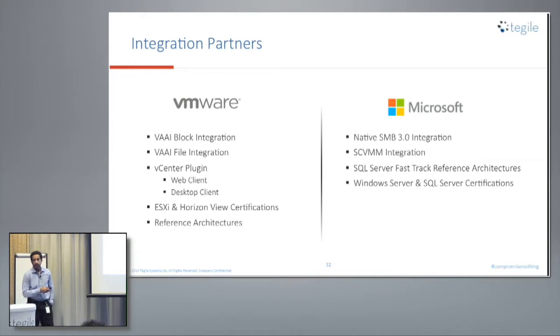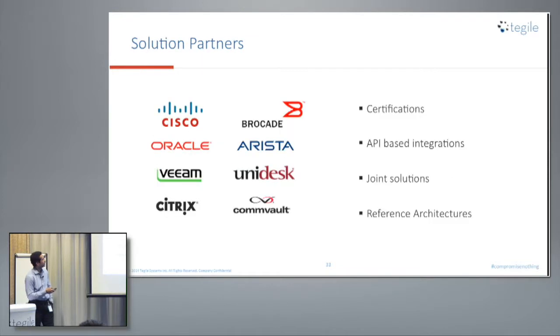So I don't know how many of you are familiar with the Fast Track program that Microsoft has. We have a SQL Fast Track data warehouse, and we are listed on Microsoft's website for that. We are constantly on the treadmill of Windows and SQL Server certifications, as well as ESX and Horizon View certifications. In addition to these, I'll give you a second to take the picture. Okay, cool. All right.